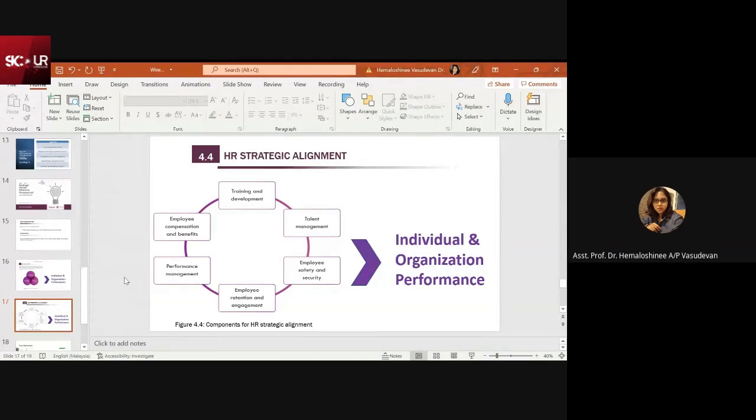What about talent management? What is talent management? Any of you? Fairuz, can you explain talent management in terms of hotels? I'm aware that hotels really look into talent management. For talent management, correct me, Prof, if I'm wrong, I think it's actually long term.